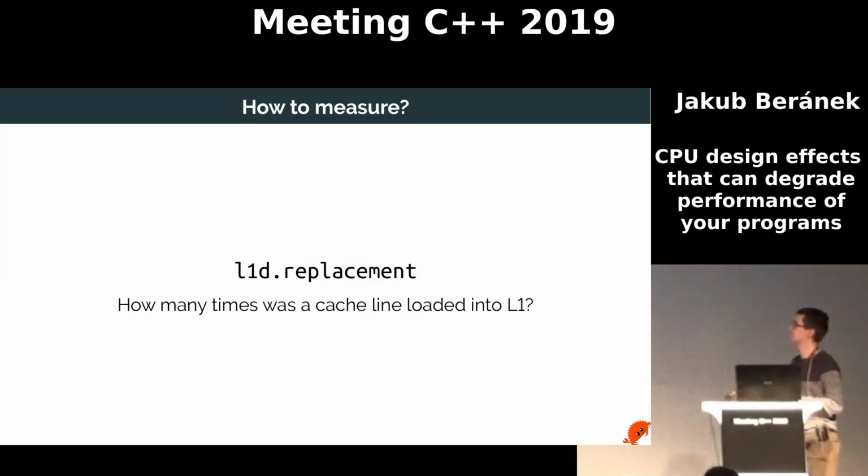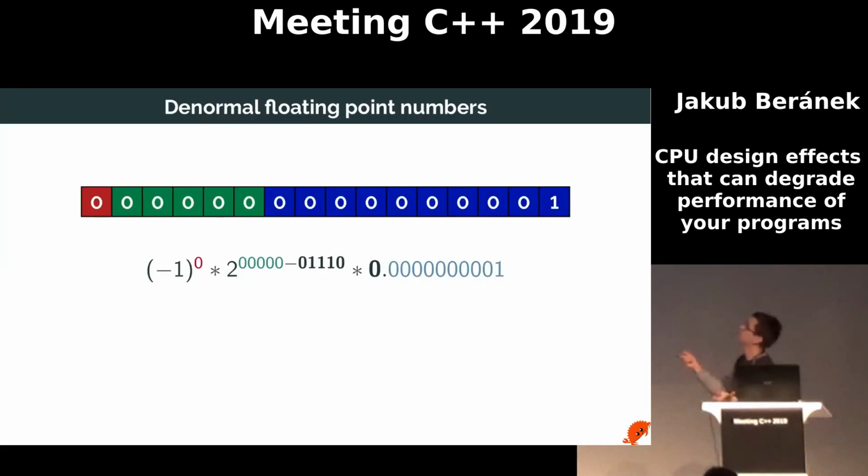Yes, so this has something to do with so-called denormal floating point numbers. This is a representation of a floating point number in single precision, so float. Oh, I'm sorry. This is actually just 16 bits, right? I cannot even count. So this is half. This is the sign bit. Those are the exponent bits and the significand bits.